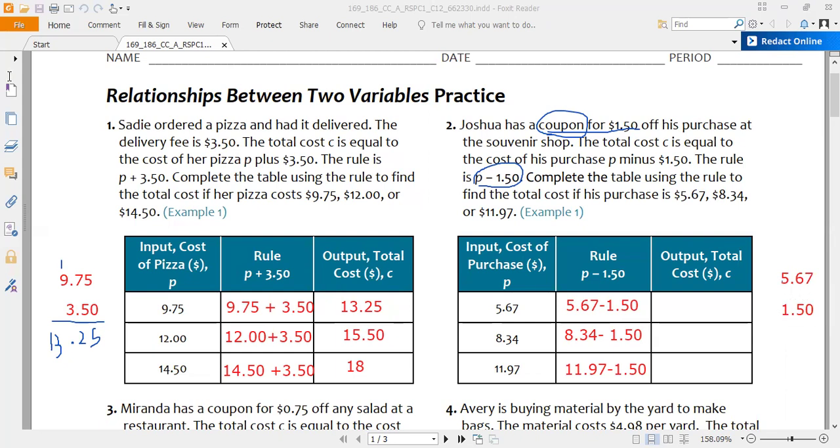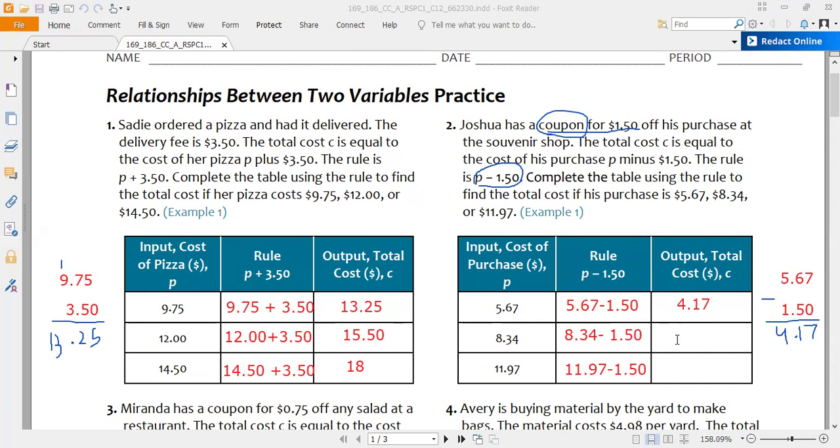We first align the decimal, and the decimal should be aligned here. You can see the decimal is below the decimal. Now the first number, 7 minus 0 is 7. This 6 minus 5 will be 1. And then we have the decimal after two numbers. Now 5 minus 1 is 4. So it means here our answer will be 4.17.